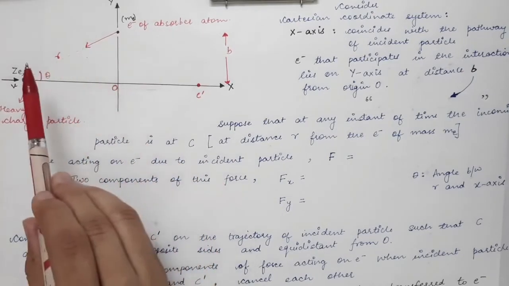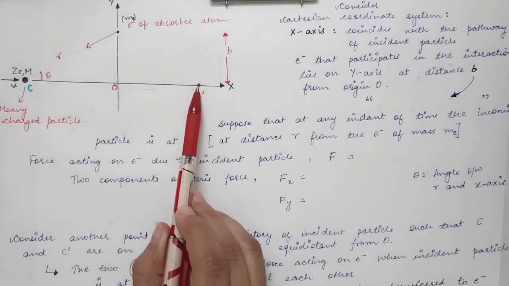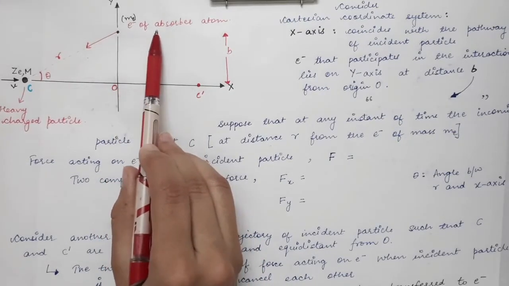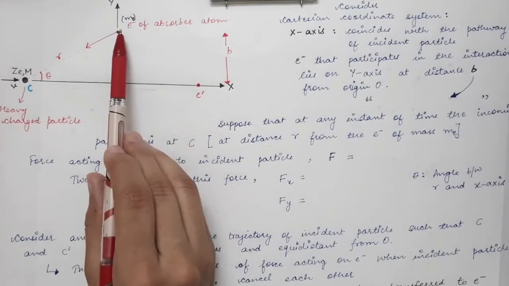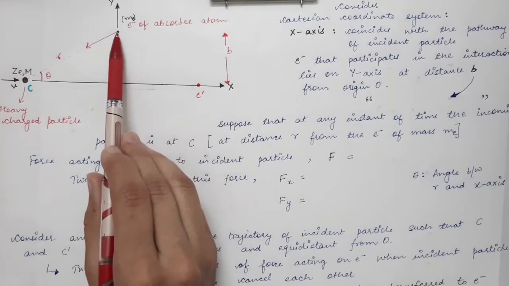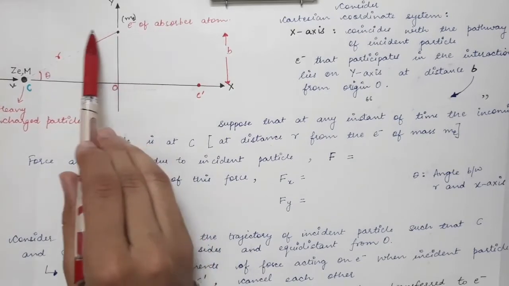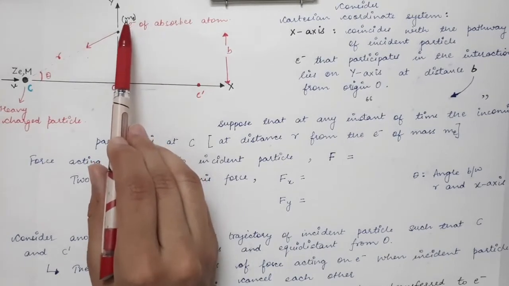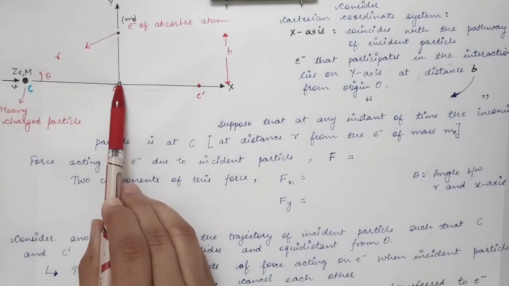You can see that the horizontal component in the earlier case was along this direction, and at this instant the horizontal component will be along this direction. So the horizontal components will cancel each other. The momentum imparted to the electron will be just because of the vertical component, or the y component, of the force. The x component of the force will not contribute to the momentum of this orbital electron. So whatever momentum is imparted to this electron inside the medium will be just due to this vertical force.